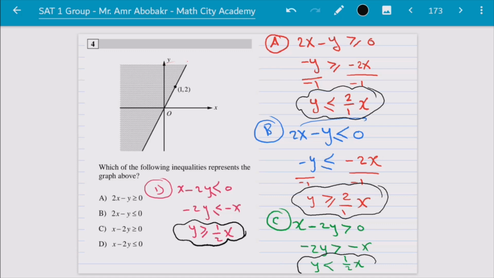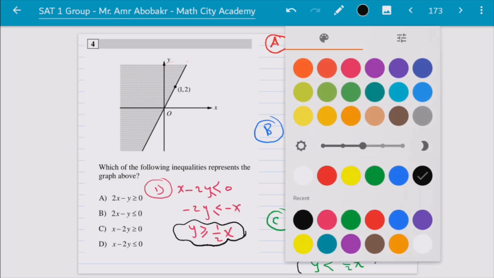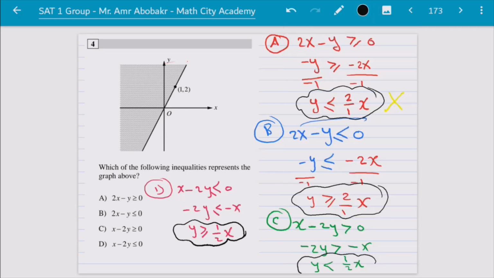Excellent, it will be above the line. So y should be greater than or equal. So now we can cancel two choices, where smaller will be wrong. So it will be B or D: y is greater than 2 over 1 x or y greater than half x.